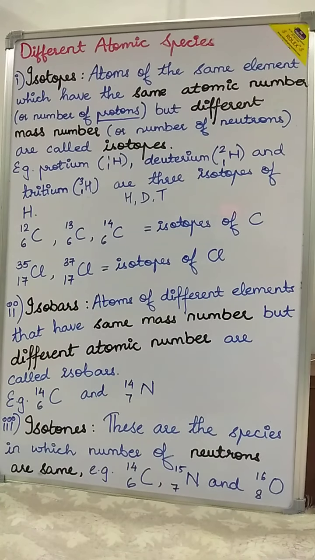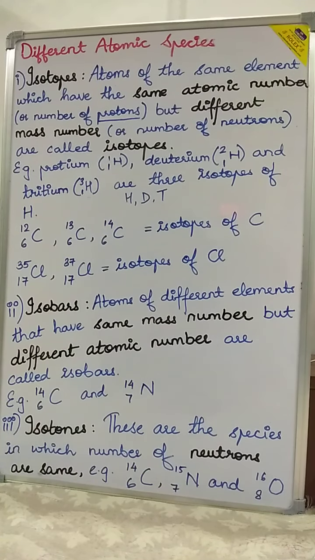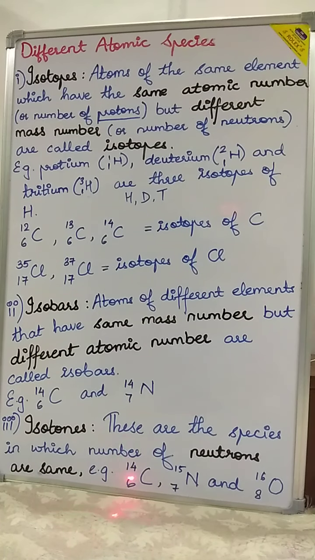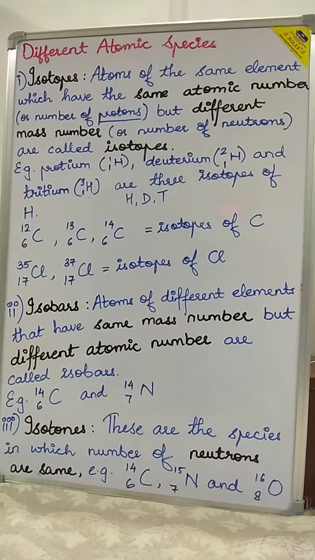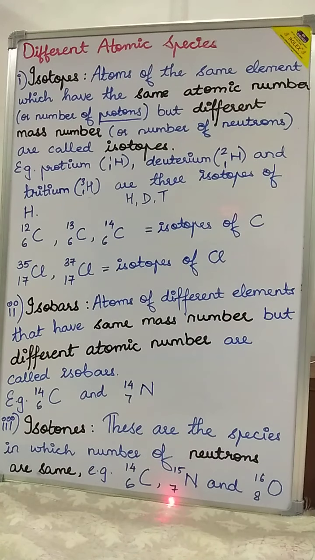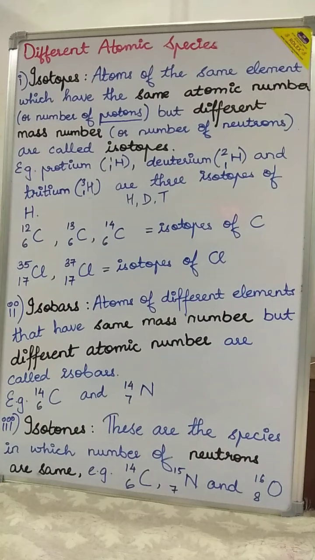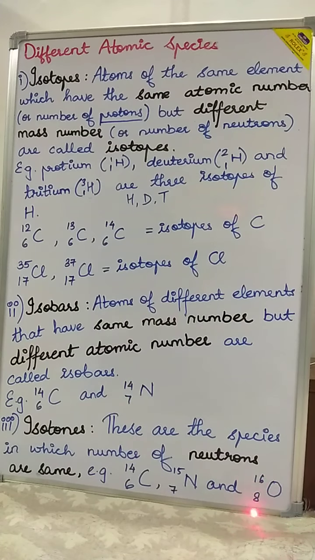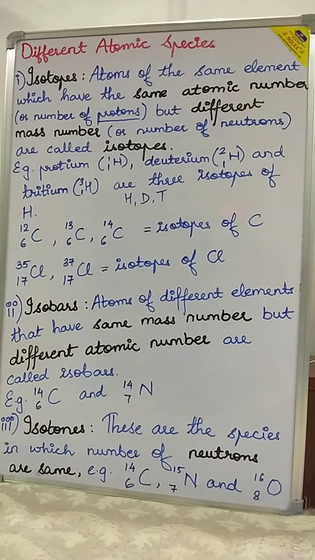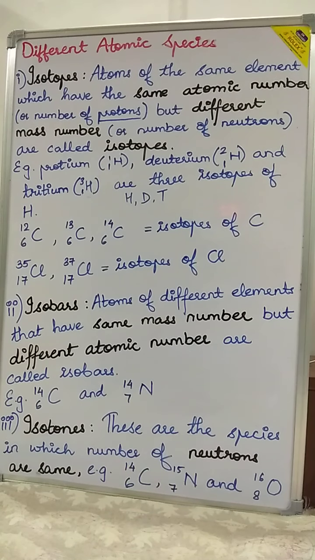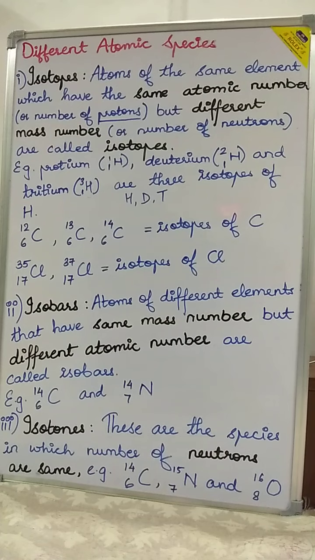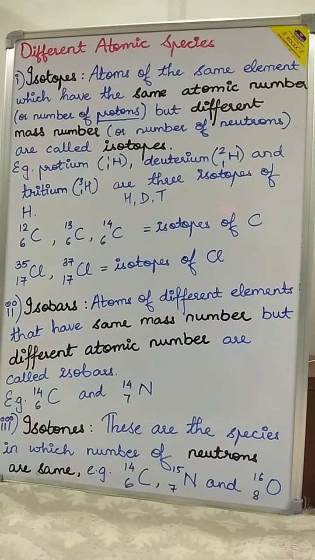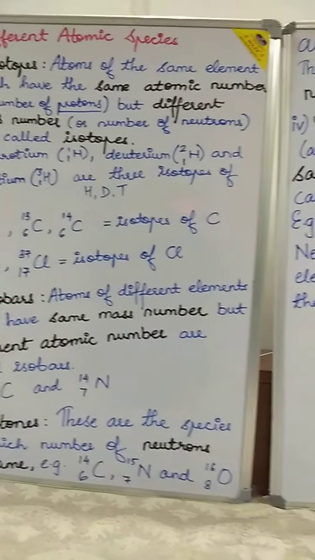If you calculate number of neutron in all these 3 species, carbon has got 14 minus 6, 8 neutron. Nitrogen has got 15 minus 7, 8 neutron. Oxygen has got 16 minus 8, 8 neutron. So these all 3 species have got same number of neutron. Hence they are isotones. I hope it is very clear to you all students.